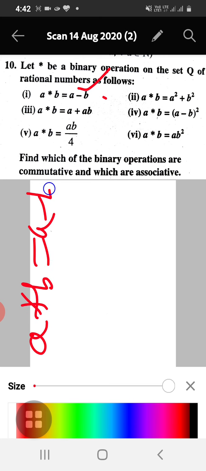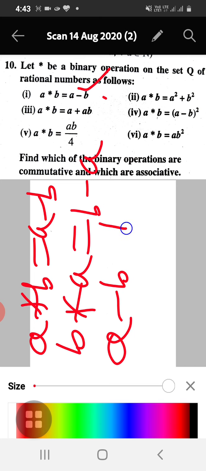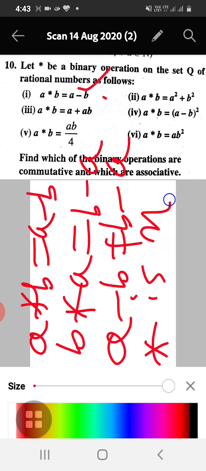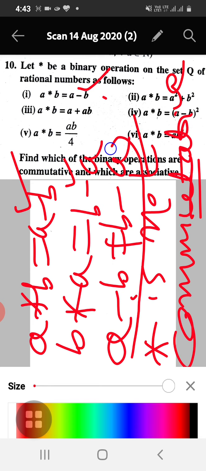Commutative property means a star b is equal to b star a. So b star a means b minus a. Can we say that a minus b is equal to b minus a? Absolutely not. Therefore, star is not commutative. a star b is a minus b, b star a is b minus a. These two are not equal, therefore star is not commutative.